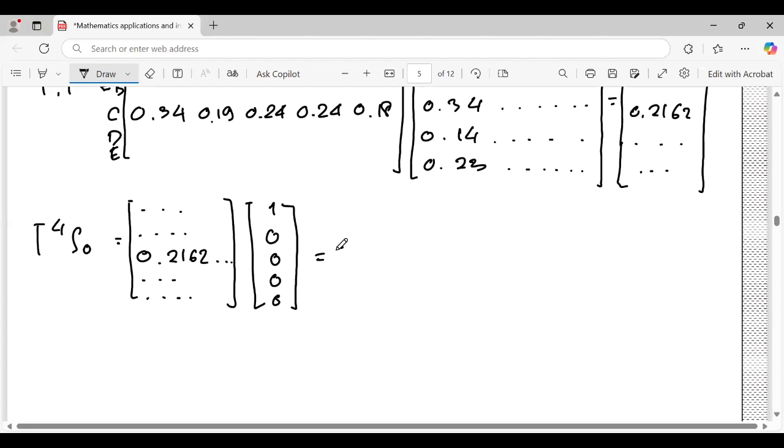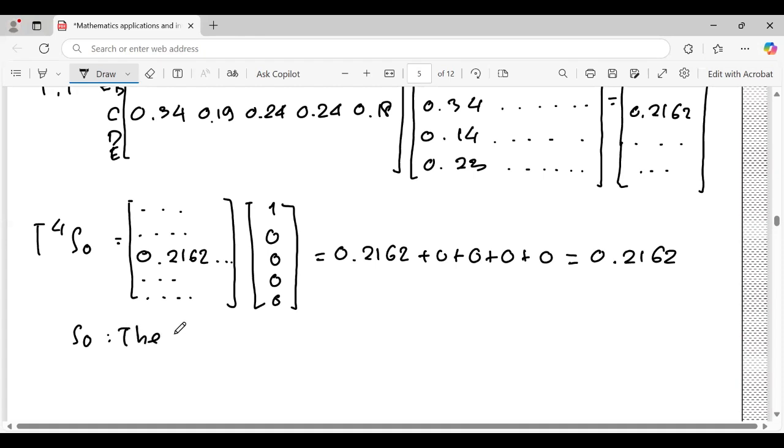And the result is 0.2162 plus 0 plus 0 plus 0, which is 0.2162.